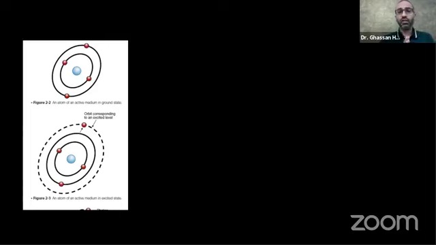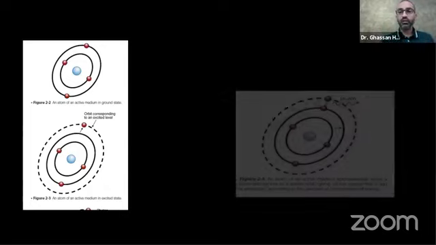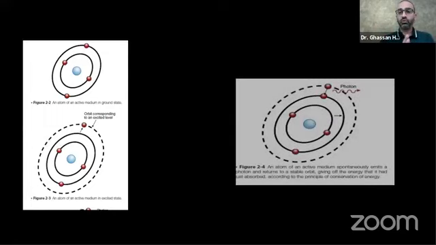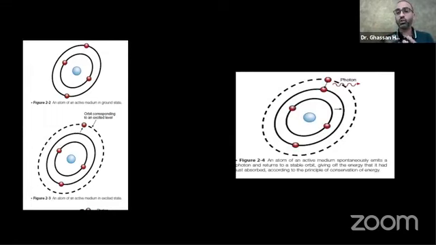So now the atom is not stable. It's not stable because we have an electron in a further orbit. To gain stability again, the electron must go back to its original orbit. When it goes back to its original orbit, it releases energy in the form of photons.